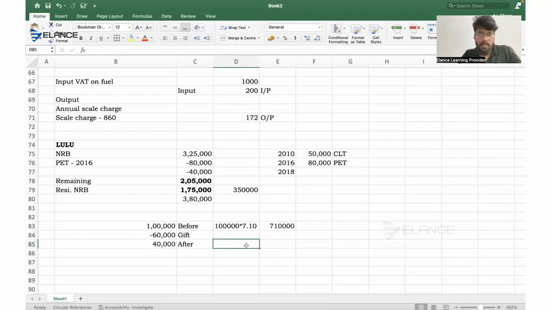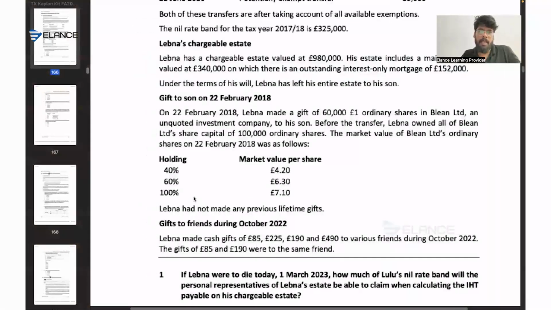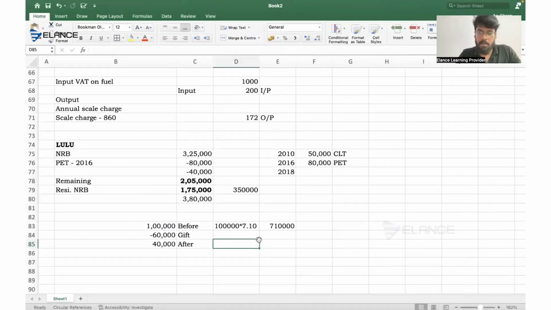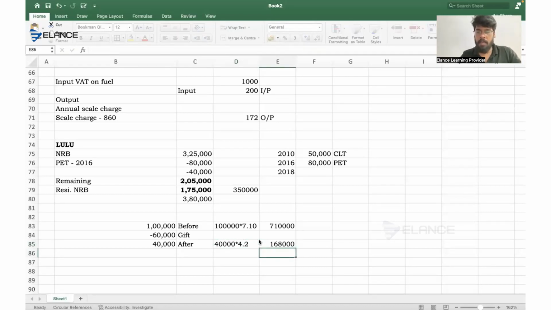And after making the transfer, his shareholding is reduced to 40%, 40,000 shares. If a person has a 40% shareholding in that company, the market value of a single share is 4.2. So after making the transfer, the shares' value will be 40,000 into 4.2, which is 168,000.